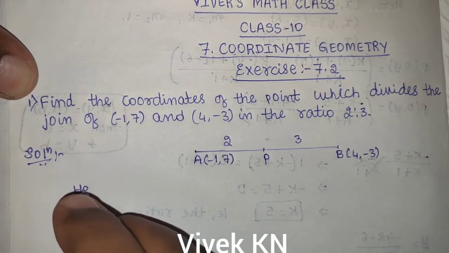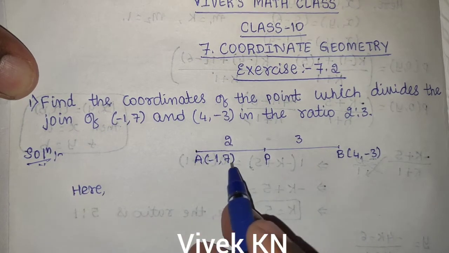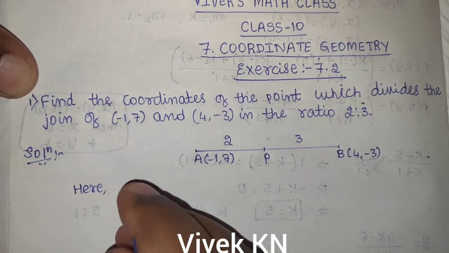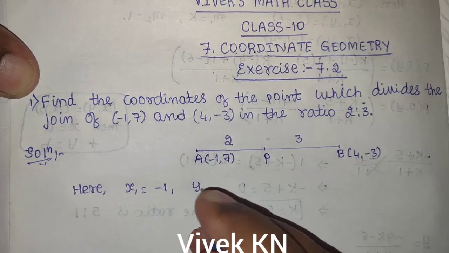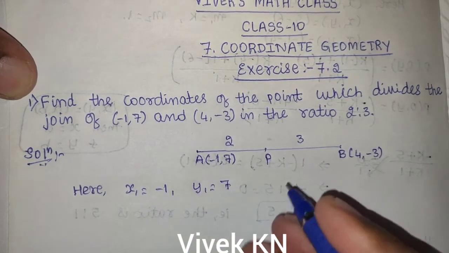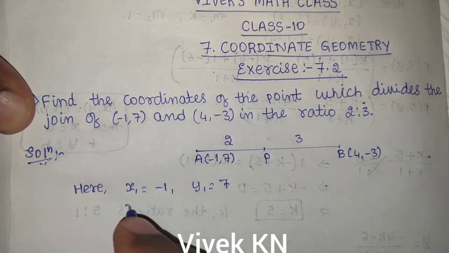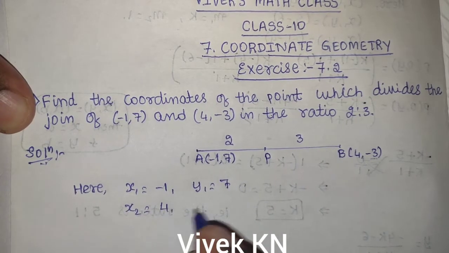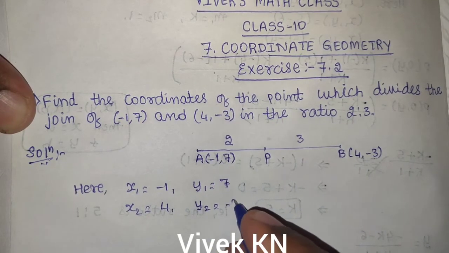Here, (x1, y1) is this one, (-1, 7). That is, x1 is equal to -1, y1 is equal to 7. (x2, y2) is this one. That is, x2 is equal to 4, y2 is equal to -3.